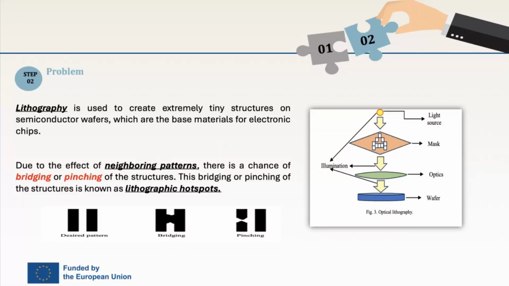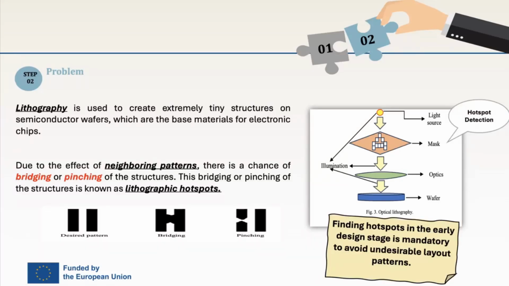This kind of lithographic hotspot is considered an undesirable pattern, and if we don't solve these patterns in an early stage, they will be printed on the wafer, and then we will have manufacturing defects. So we try to find these patterns in an early stage. As a final note from here, finding the hotspot in the early design stage is mandatory to avoid any undesirable layout pattern in the manufacturing stage.